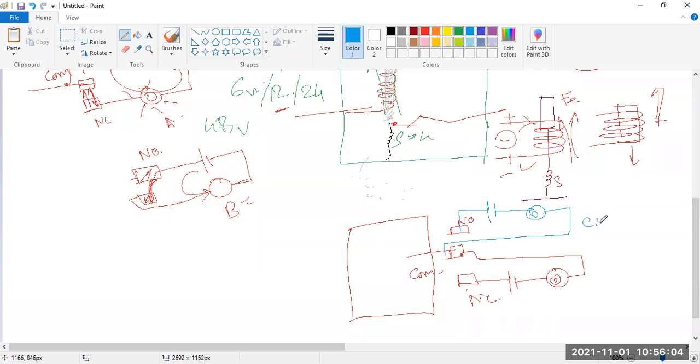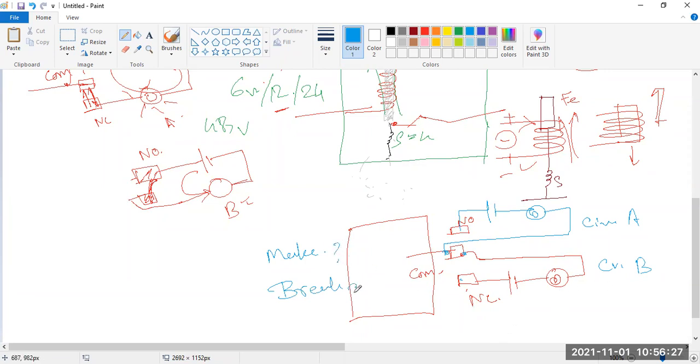Look, this is circuit A, this is circuit B. So tell me, when the relay is make, which bulb will glow, and when the relay is break, which bulb will glow?